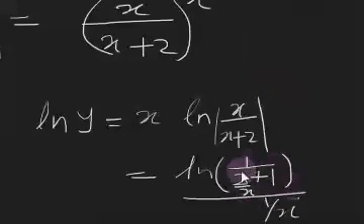We know that as x tends to infinity, the limit of this term is equal to 0, and ln of 1 is 0. Now what about this term? As x tends to infinity, this term goes to 0. Both denominator and numerator go to 0.